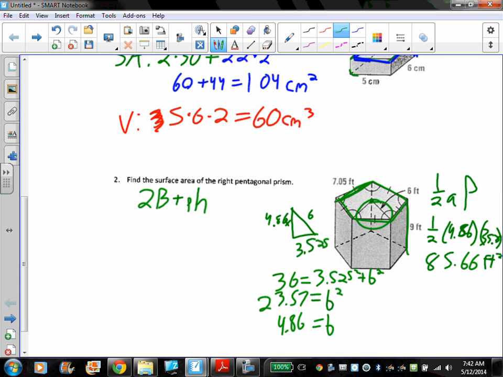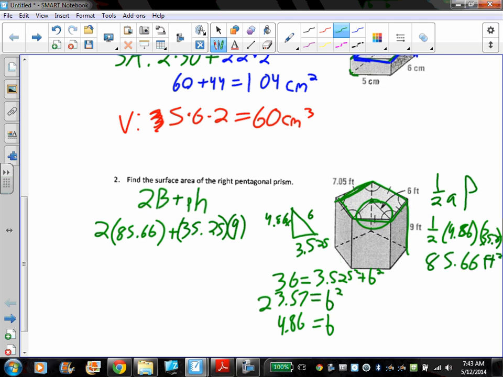So 85.66 would be the area of that pentagon. Now we can go back over here and fill in the first part of our surface area, which is 2 times 85.66, plus, we just figured out the perimeter, which is kind of nice for us, which was 35.25, and we need to multiply the height of the prism, which is 9.